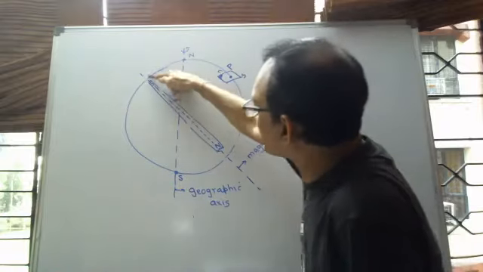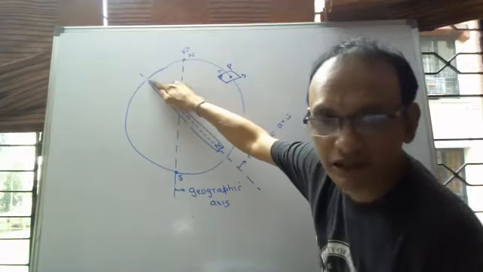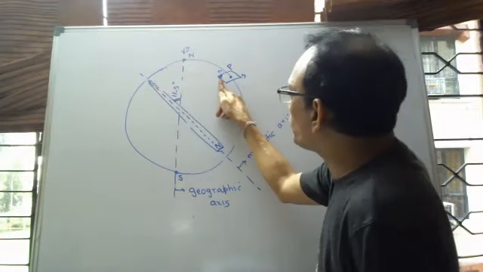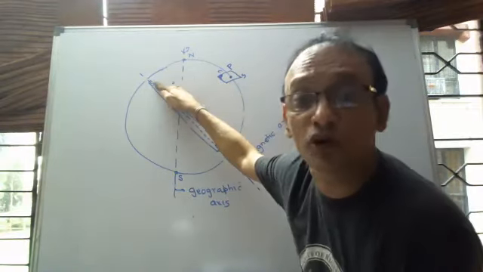So the north pole of this needle will obviously get attracted to the south pole of this magnet.